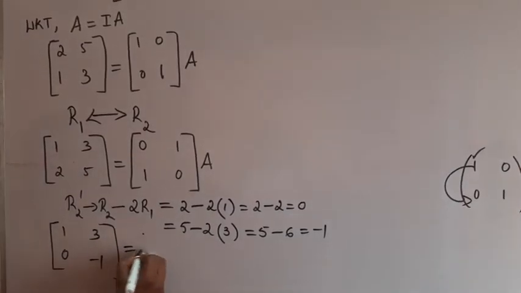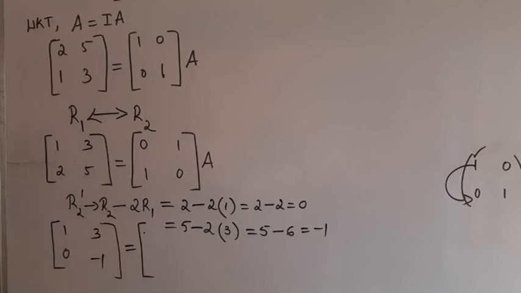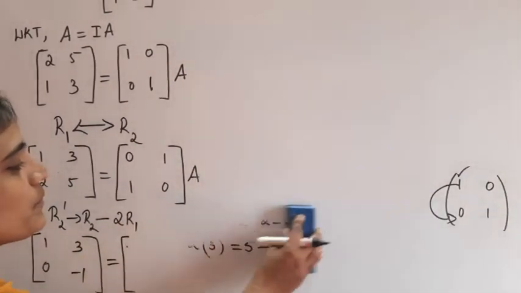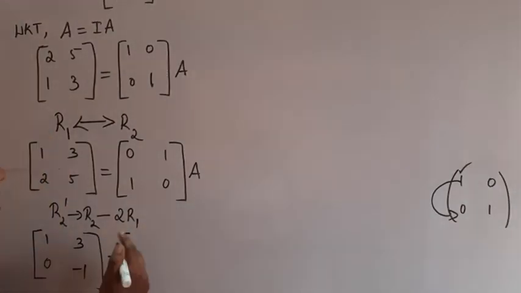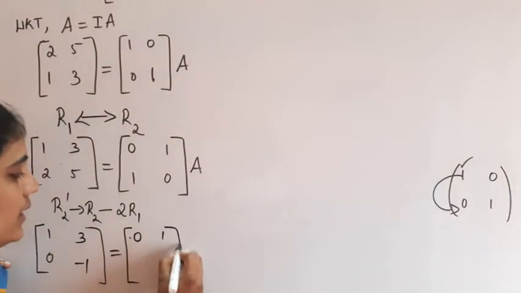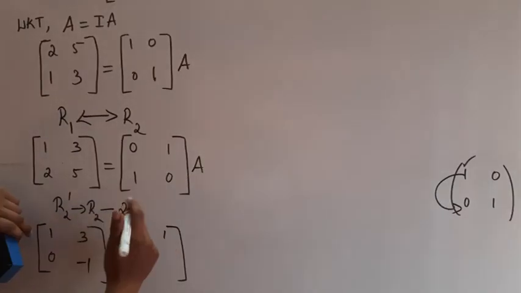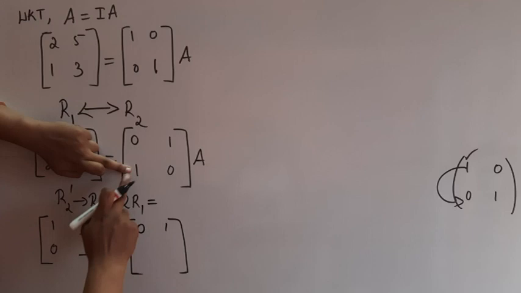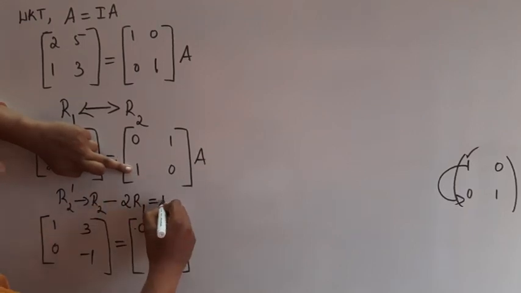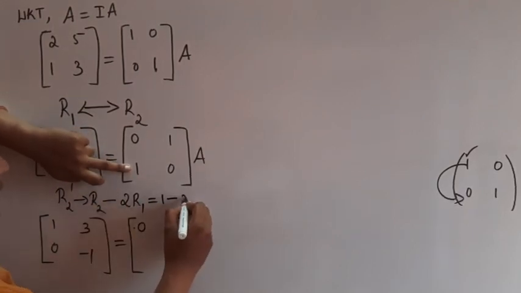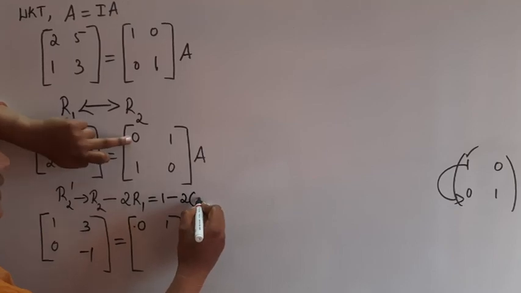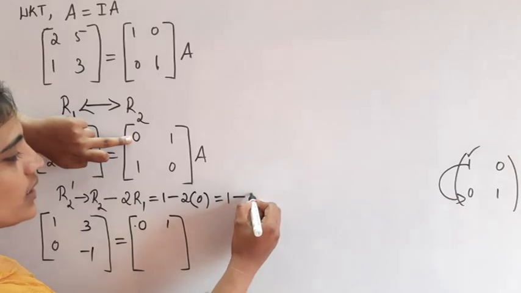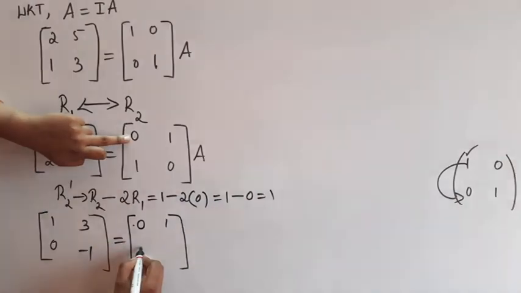Apply the same elementary transformation for the right side also. So here matrix 0, 1. We are applying only for the second row. Apply for the first element. What is the first element here? It is 1. R2 is 1 minus 2 into R1, that corresponding R1 is 0, which is equal to 1 minus 2 into 0 is 0, 1 minus 0 is 1.